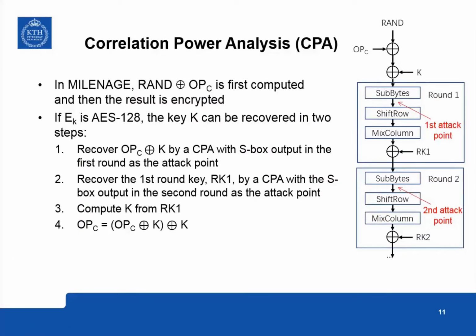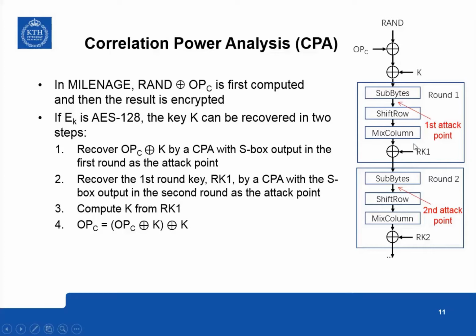In MILENAGE, the XOR of RAND and OPC is first computed, and then the result is encrypted. If AES-128 is used for encryption, then the key can be recovered in the following 2 steps. First, we recover OPC XOR key by a CPA with the S-box output in the first round as the attack point.